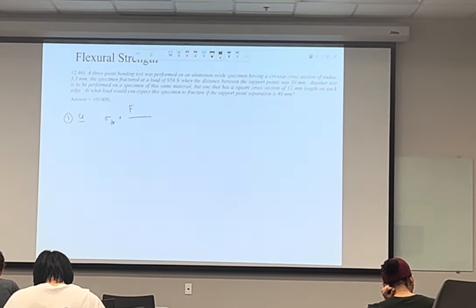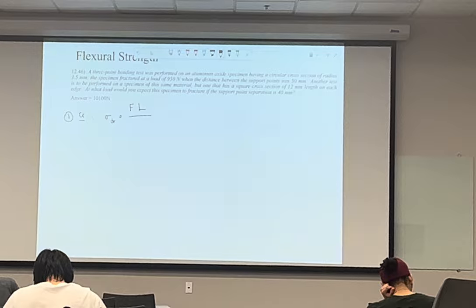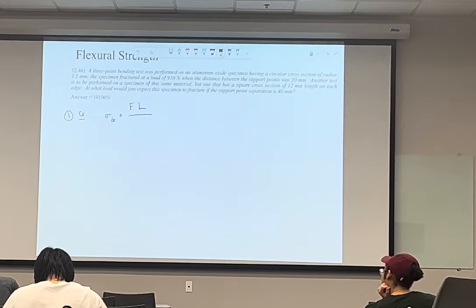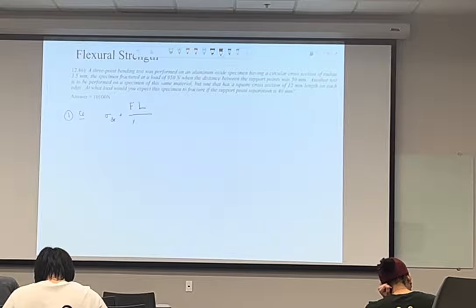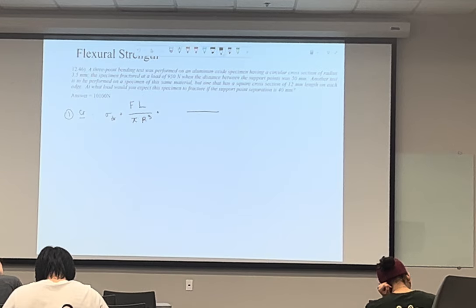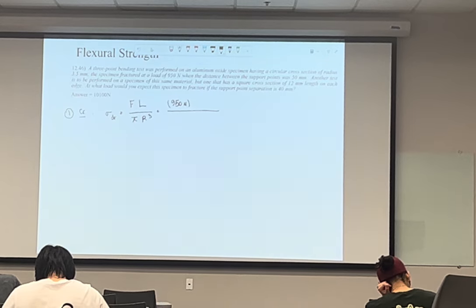We are given the force, the distance between support points, and the radius. So plugging those numbers in for the first test, the force was 950.